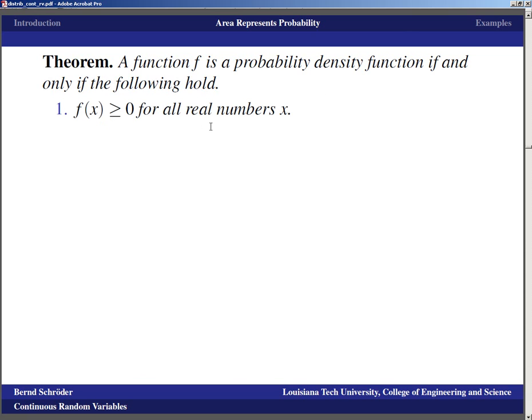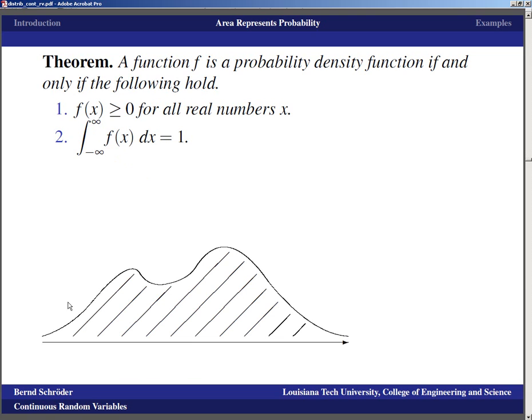You can't have negative probabilities, so we've got to have that f is greater or equal than 0, and the integral from negative infinity to infinity of f of x dx must be equal to 1, and that is because the probability that we get a value in our experiment always has to be 1, has to be 100%. And so basically that means that the generic picture of a probability density function still remains a non-negative function with a total area of 1 underneath the curve. Total area under f is 1.